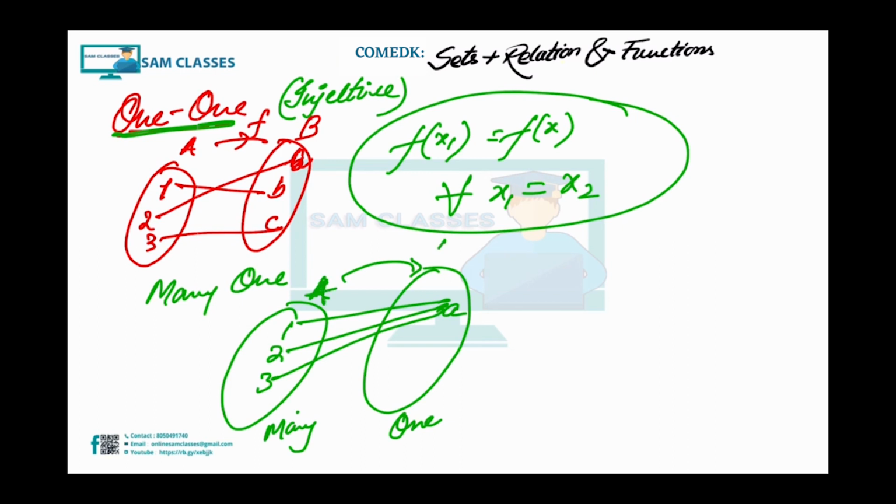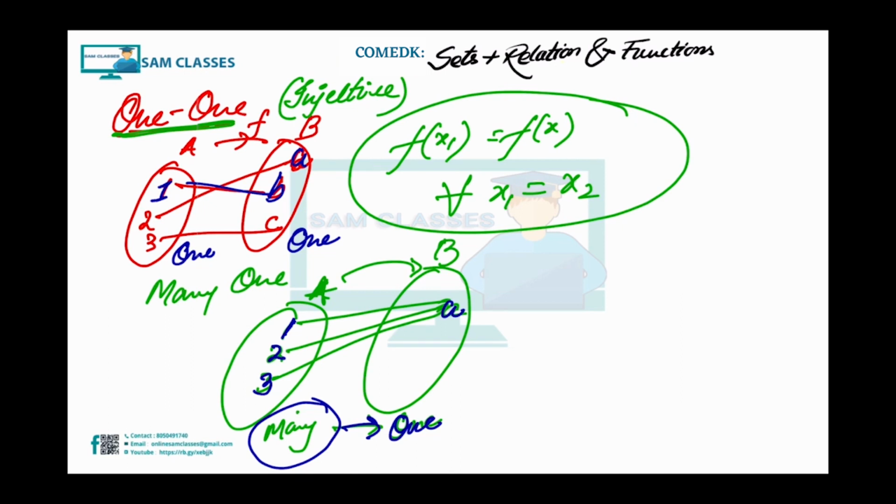So many values of set A are related to one value of set B. Very simple, by the name only. You don't have to mug up anything. Here it is one-one: one value of A is related to just one value of B.